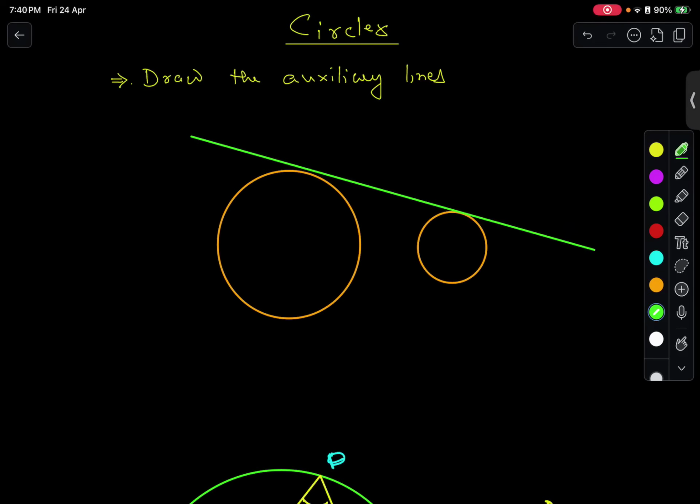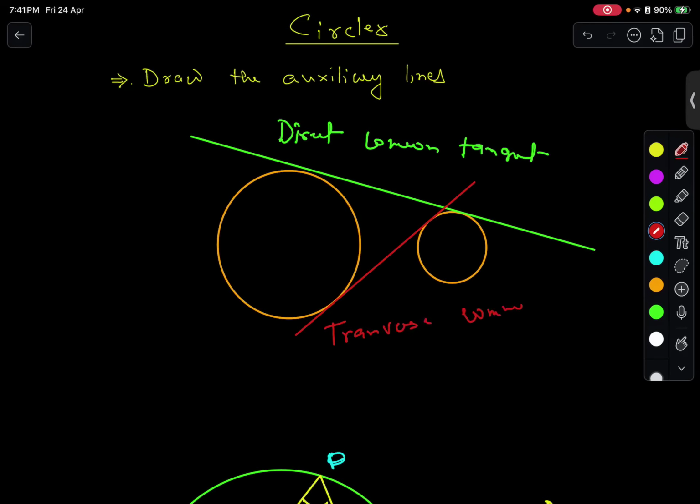This is called the direct common tangent, and this line is called the transverse common tangent. The red one is the transverse common tangent, and the green one is the direct common tangent.